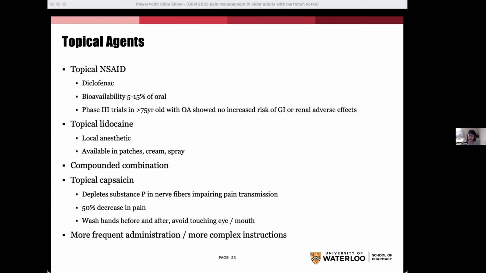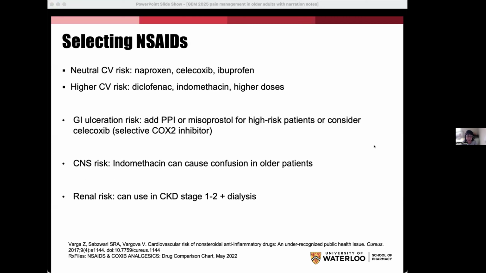Some things that you want to think about. What are you concerned about in your patient? If it's cardiovascular, then drugs that are a little bit better would be naproxen, celecoxib, ibuprofen, and you want to stay away from the higher risk, like indomethacin, for example, that we talked about a bit earlier.